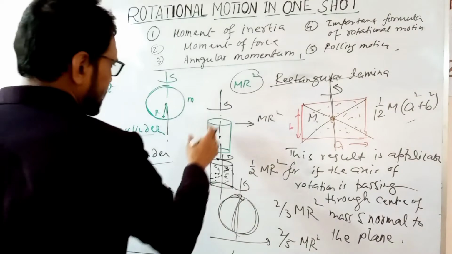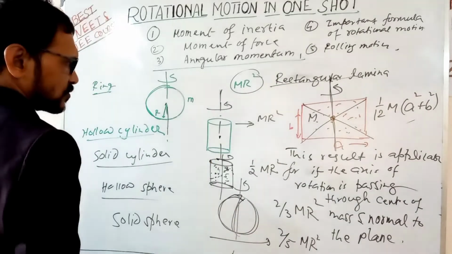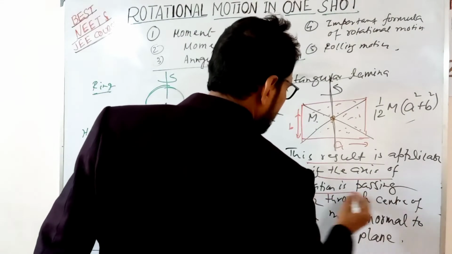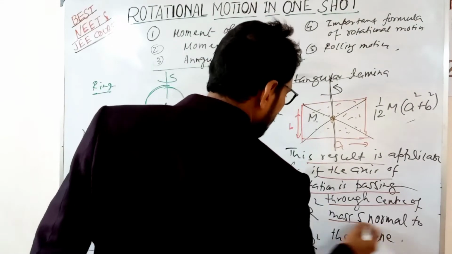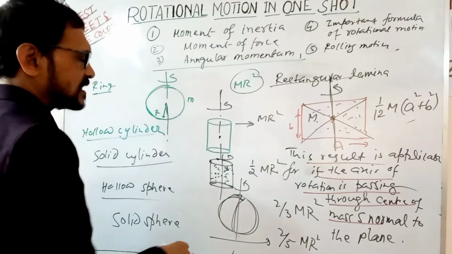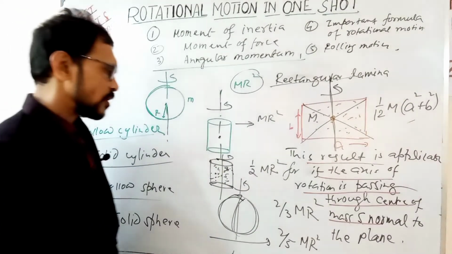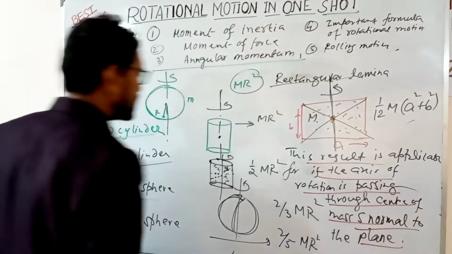This is the plane, the axis passes through the middle point, the center of mass, and is normal to the plane, vertical this way. So this formula is applicable when the axis of rotation passes through the center of mass and is normal to the plane.